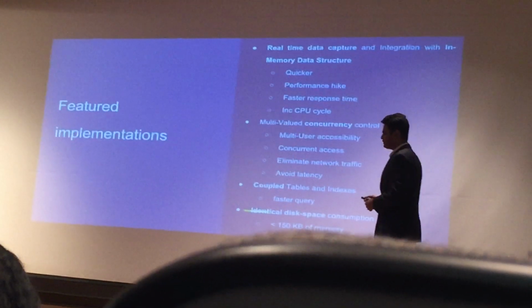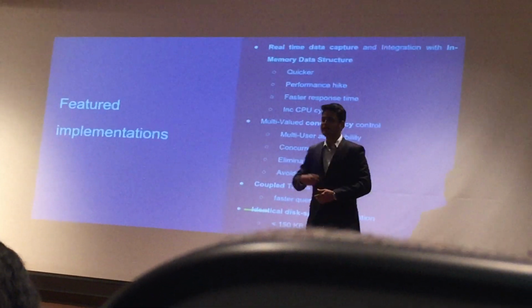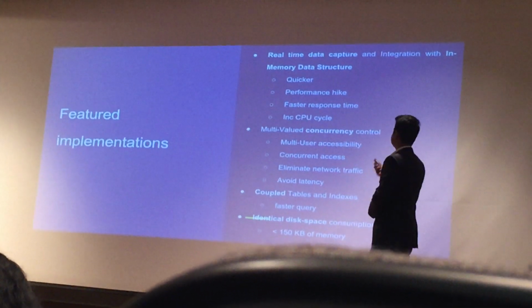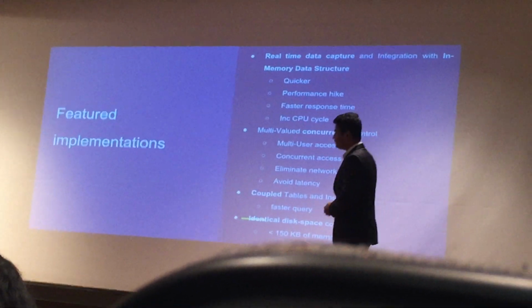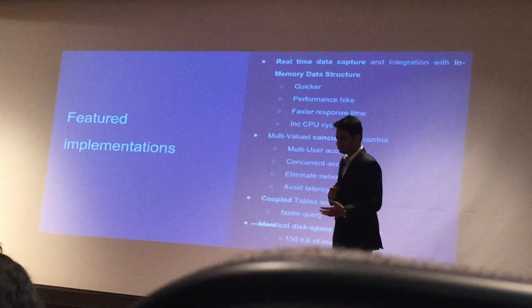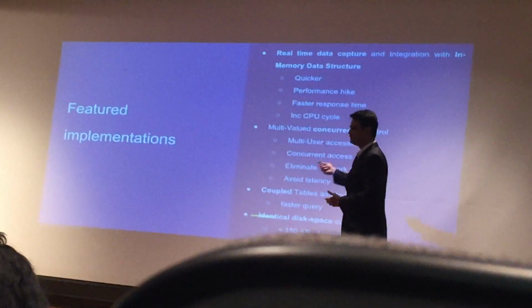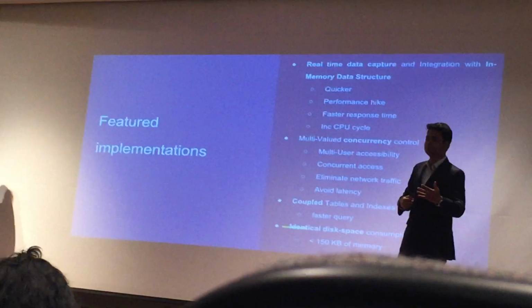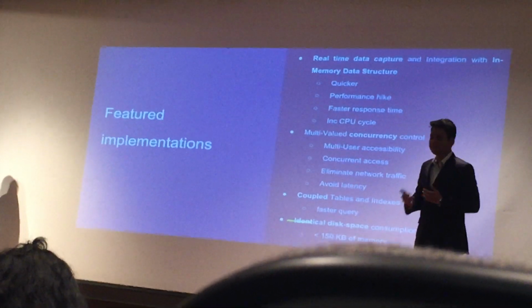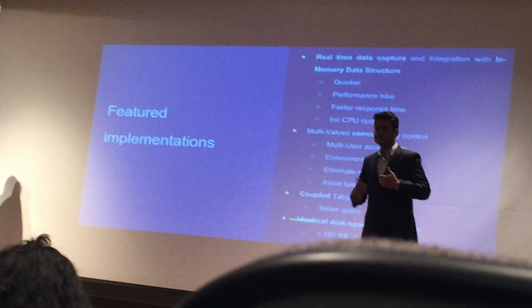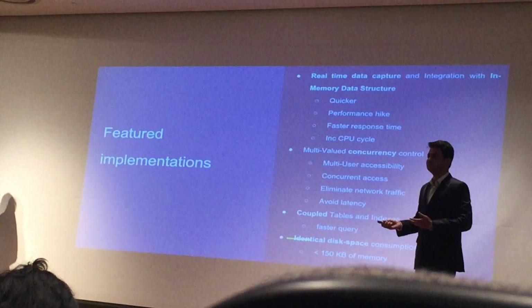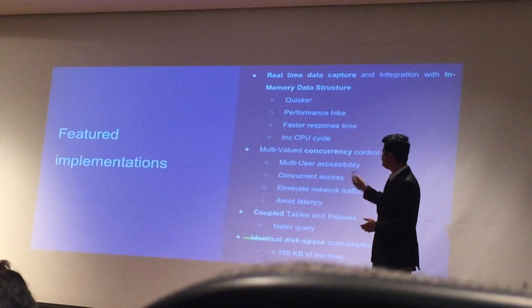Now, some of the very quick features that we see immediately upon the application of an in-memory database would be real-time data capture and the memory data structure. So how does it compare to real-time data analysis? Is it quicker? Obviously, because it's faster to perform transactions when the data itself is on the primary memory. So by default, it's faster.